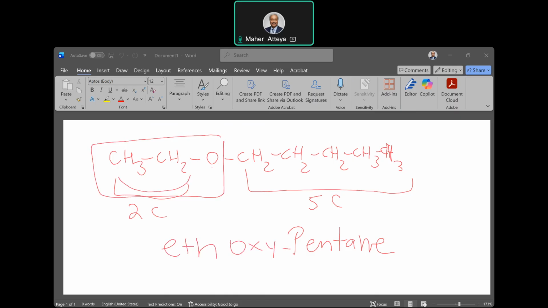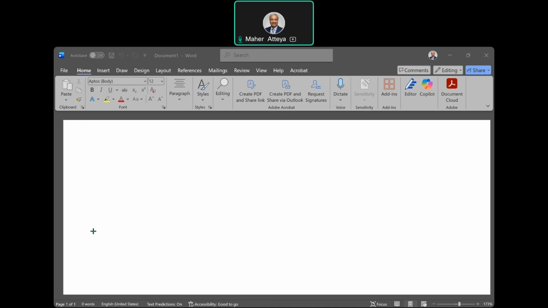Now we'll go and name the aromatic alcohol. We just skip that because we want to always relate the alcohols with ethers. So let's look at the phenols. What are those phenols? Well, it turns out to be a combination of a benzene ring with the OH.